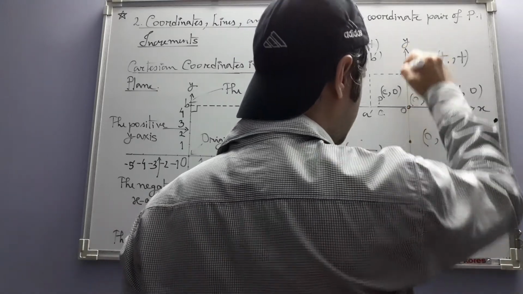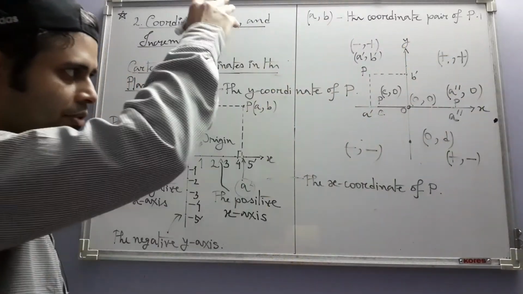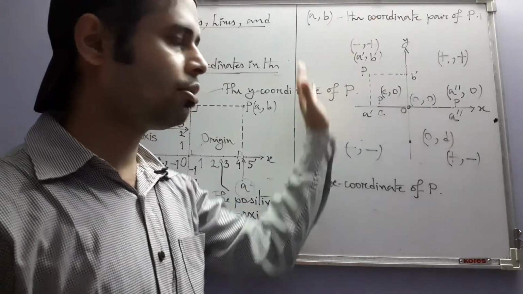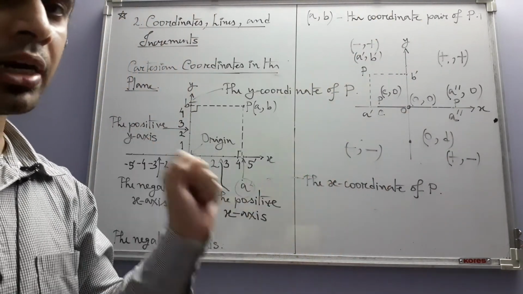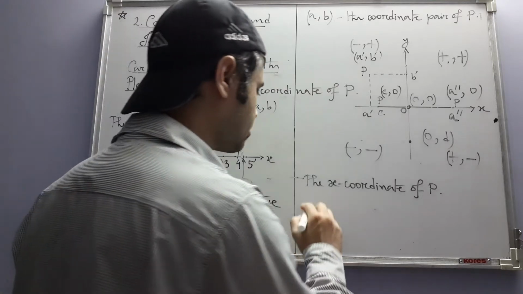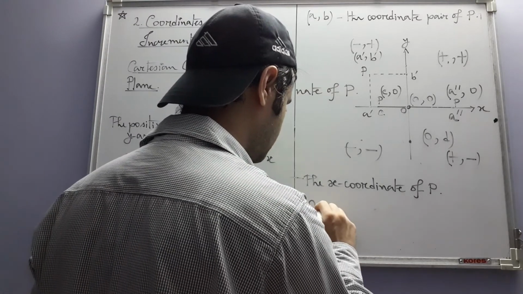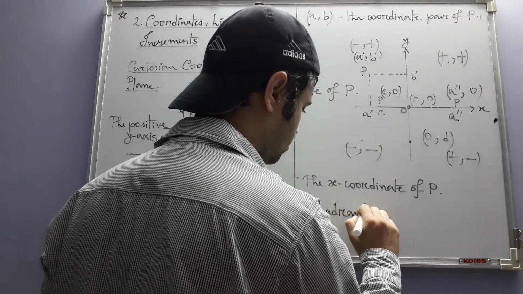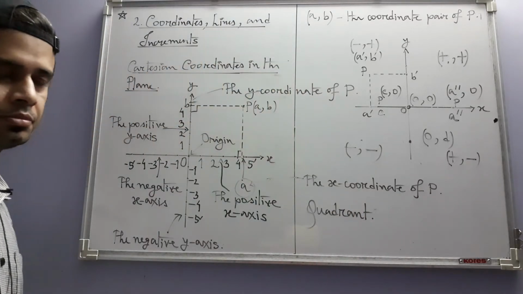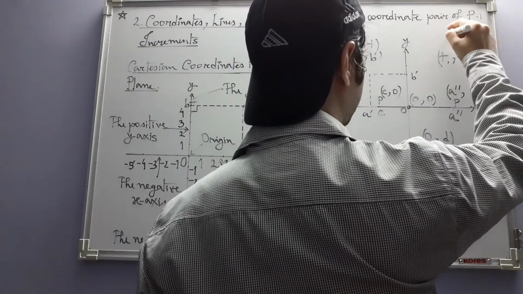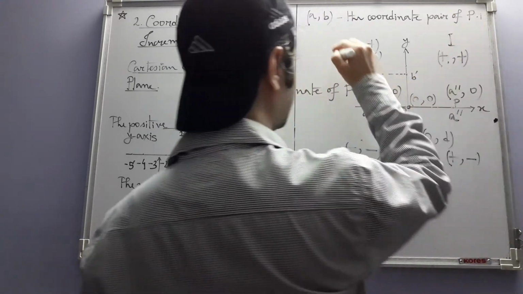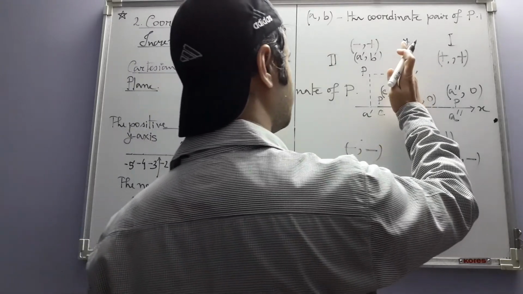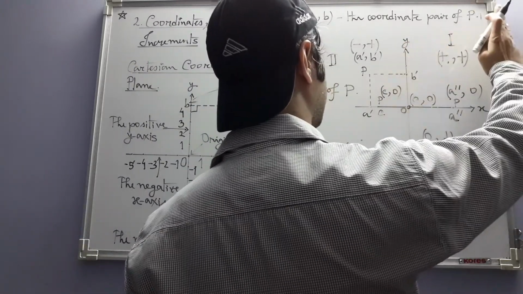Now the axes, if we think of the axes together, they divide the whole plane into 4 compartments, and each one of them is called a quadrant. This is the first quadrant, this is the second quadrant. First quadrant means this one, this compartment.